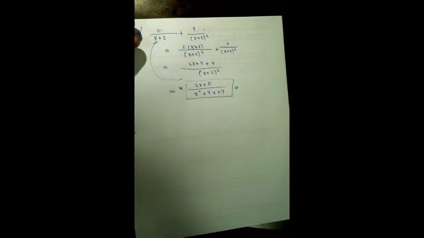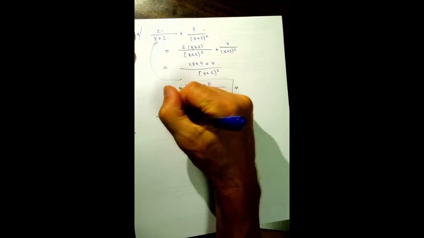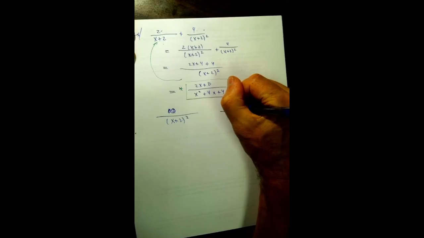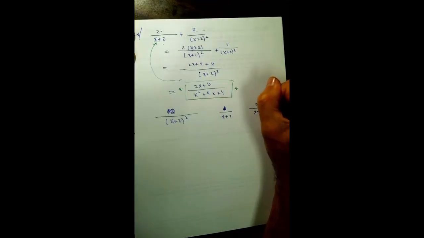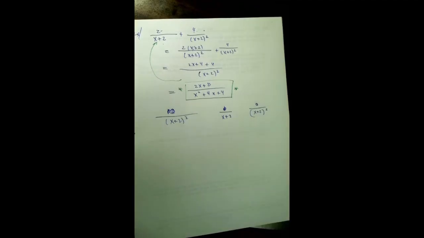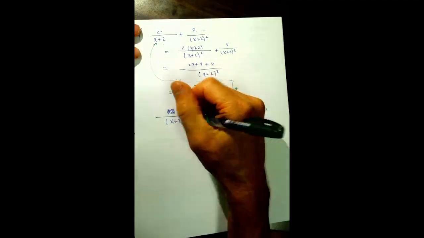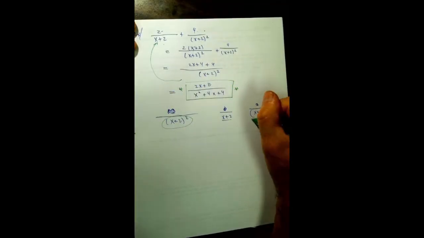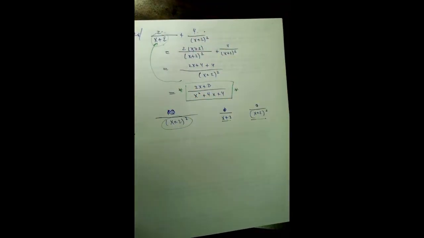So the thing to recognize here is if you have something over x plus 2 squared, you have to be able to account for things whose common denominator would happen to be that. And so that means I have to take care of that and that, because this common denominator is just going to be the same as the denominator of that.